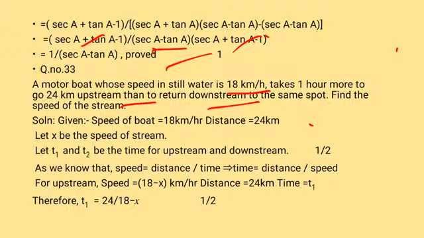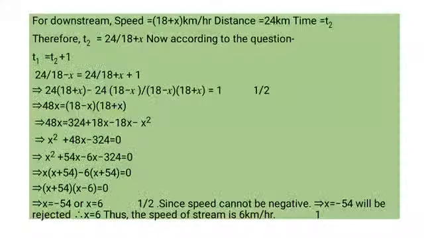Let x be the speed of stream, t1 and t2 be the time of upstream and downstream. We know that speed is equal to distance upon time, or time is equal to distance upon speed. For upstream, speed is 18 minus x km per hour, distance 24 km, and time t1. So t1 is equal to 24 upon 18 minus x.